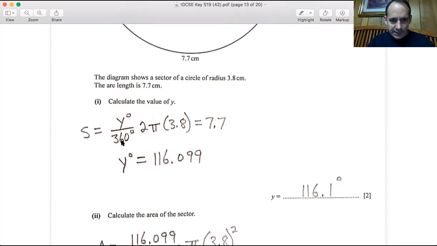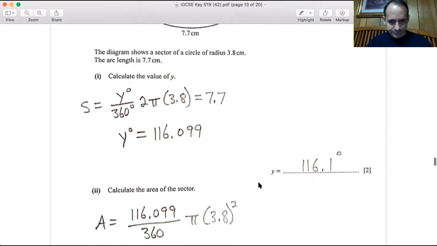You multiply all this by 360 and multiply the 360 to the other side, divide by this 2 pi times 3.8, and you get 116.099 or 116.1 degrees. Remember, when you're solving for degrees, you go to one decimal. Doesn't matter how many significant figures, you go to one decimal point.